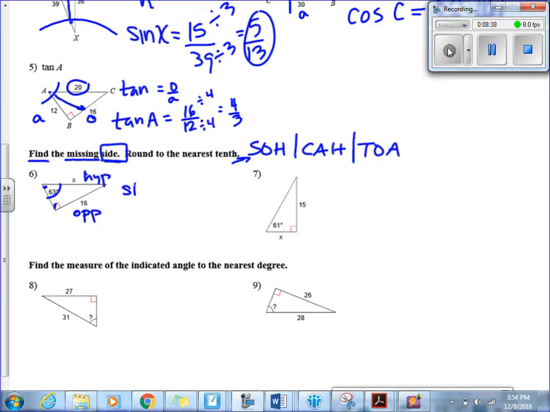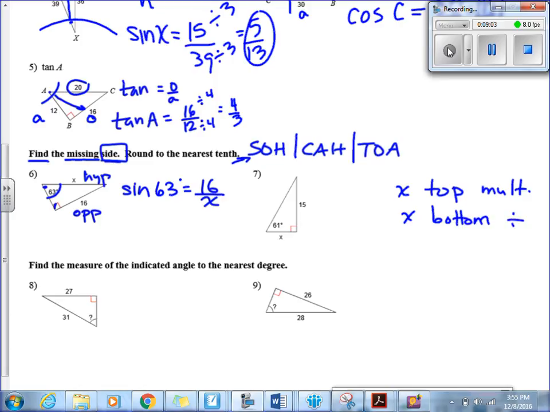So I would say the sine of 63 degrees equals the length of the opposite side divided by the length of the hypotenuse. And hopefully you remember, I repeat this every day, if x is on the top, you're going to multiply. If x is on the bottom, you're going to divide.